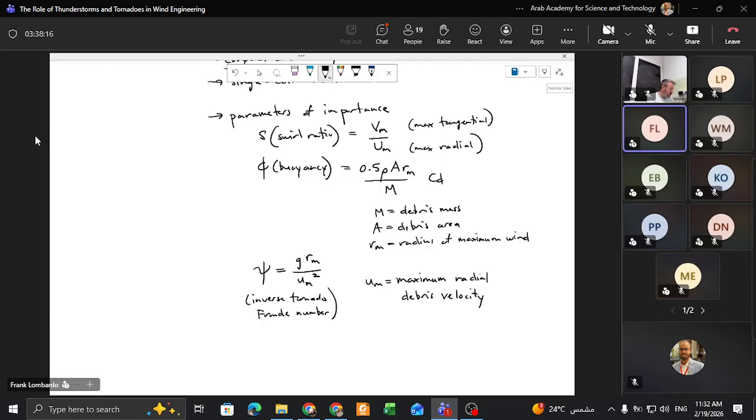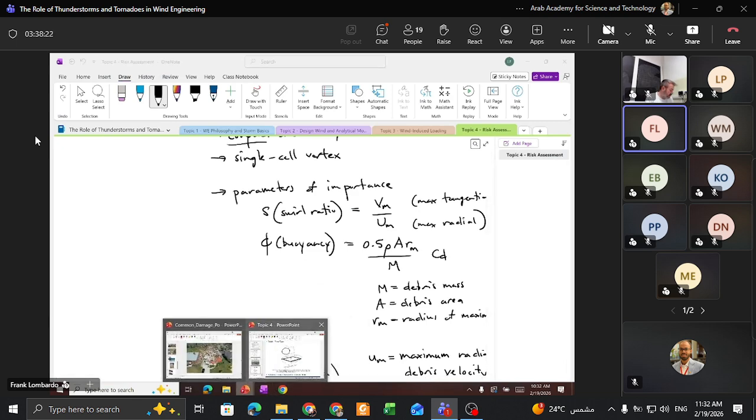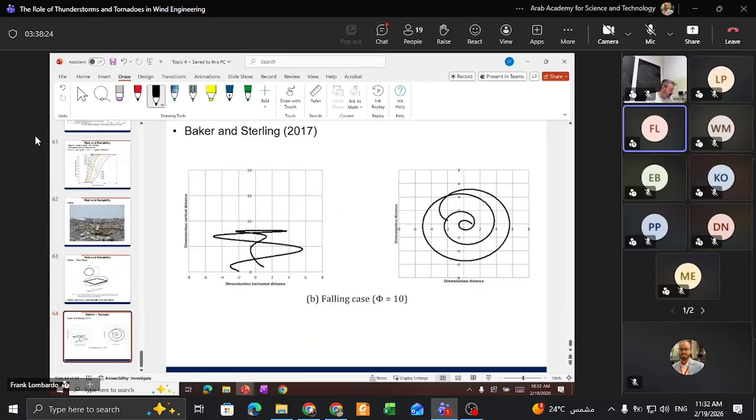If you go to that paper, there's quite a few examples in there. I'll show one from the study here. With this buoyancy parameter, I think it is equal to 10 in this case, this non-dimensional parameter that I mentioned. This shows two views of the debris.